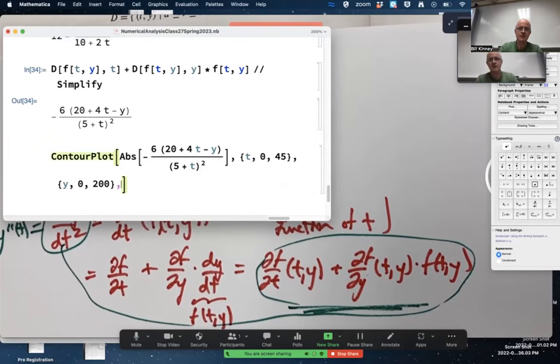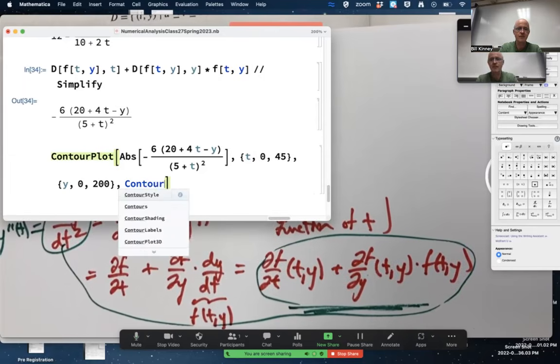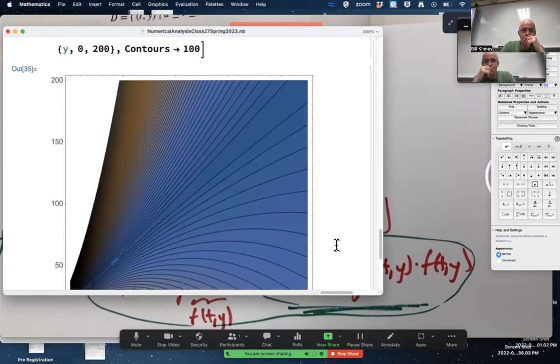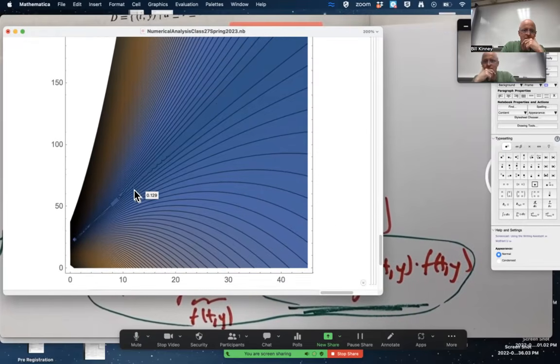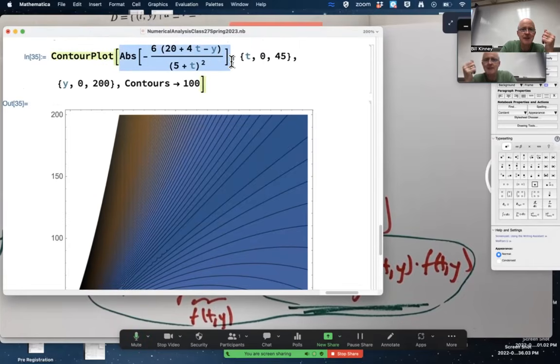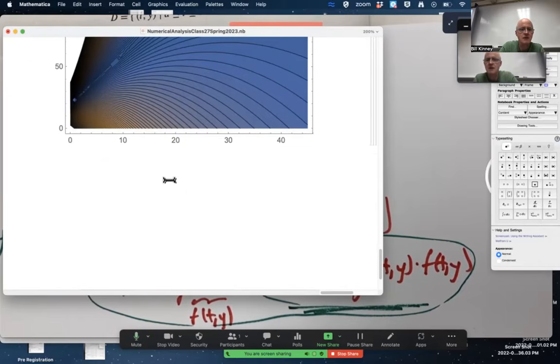Let's add lots of contours. Yeah, in fact, some weird stuff's going on there. I don't know exactly what's going on. It looks like the function gets bigger and bigger as y gets bigger, and is maybe growing so fast over here that the level curves are really close together. I'm imagining that this thing is maximized over this rectangle when t is 0 and y is 200.